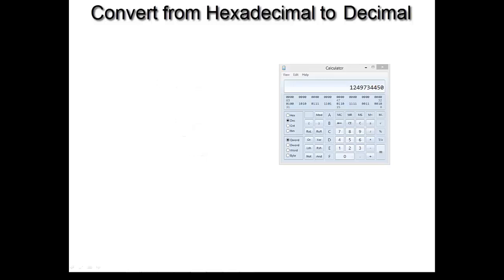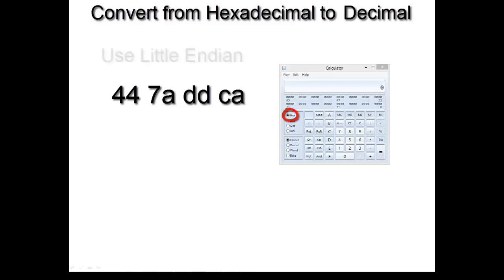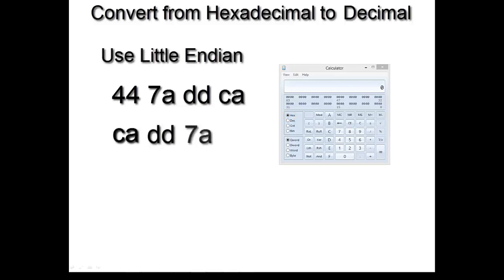Let's do one more conversion. Let's say you're in a block of memory and you come across the following sequence: 44, 7A, DD, CA. After you get your calculator into the programmer view, make sure that the hex is selected as the view and then enter the sequence as the following: CA, DD, 7A, 44.